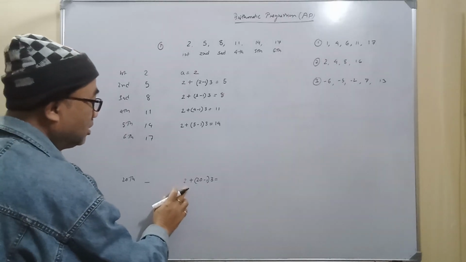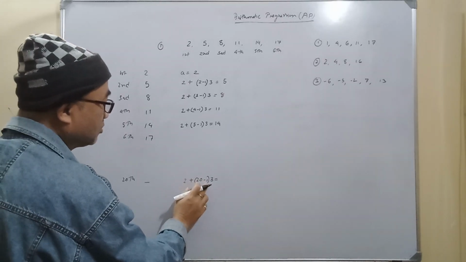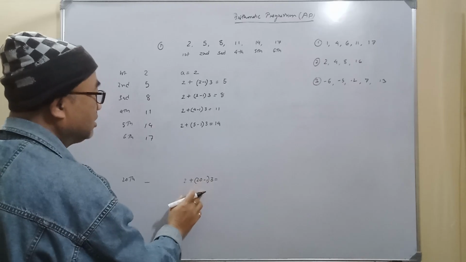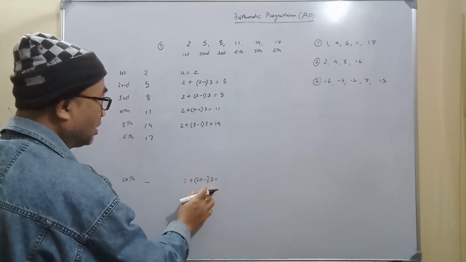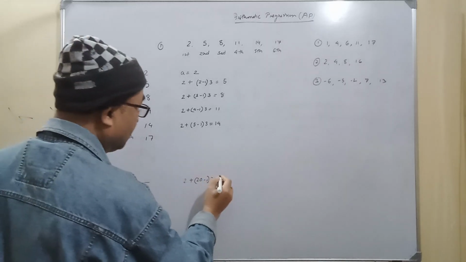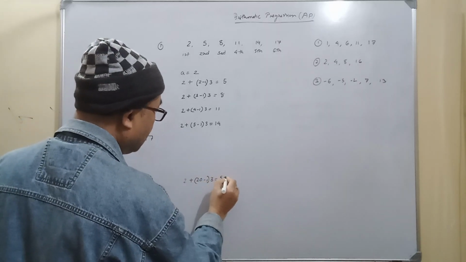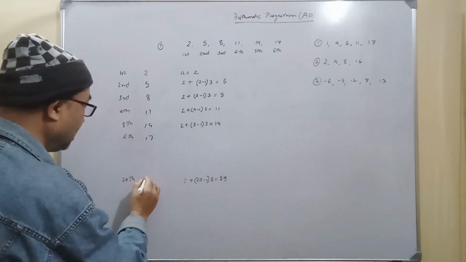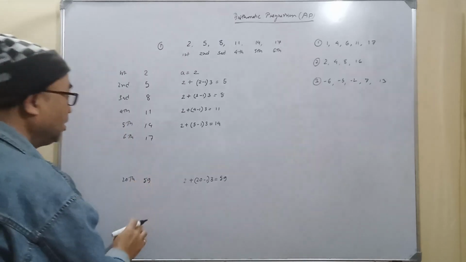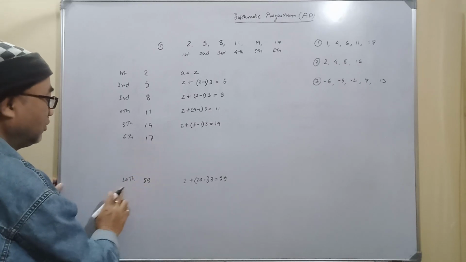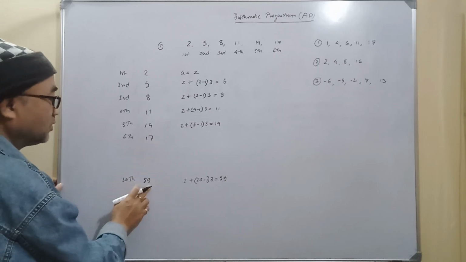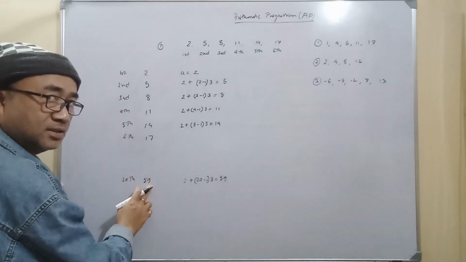So what will it be? 2 plus 20 minus 1 is 19, 19 into 3 is 57, plus 2 is 59. It will be 59. If you go on adding plus 3, plus 3, plus 3, plus 3, you will see that the 20th term is 59 indeed.